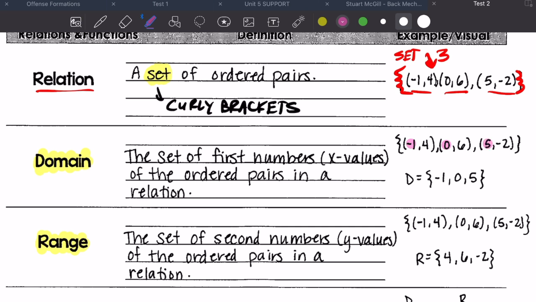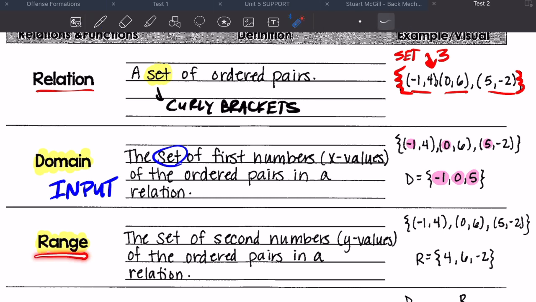So you can see the domain is just a set, again, curly brackets, of all three of those x values. See how those three x values come straight from those 3 points. Good? Makes sense? So domain is really, most importantly, it's going to go with the word input, which we'll talk about a little bit later. So set of inputs.